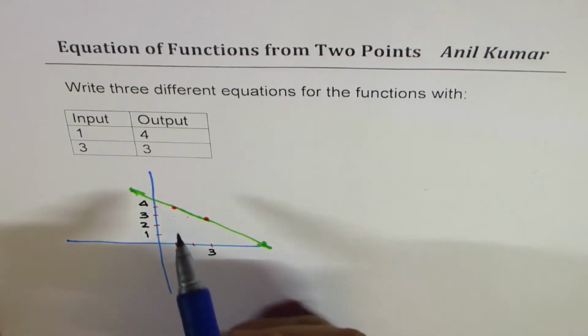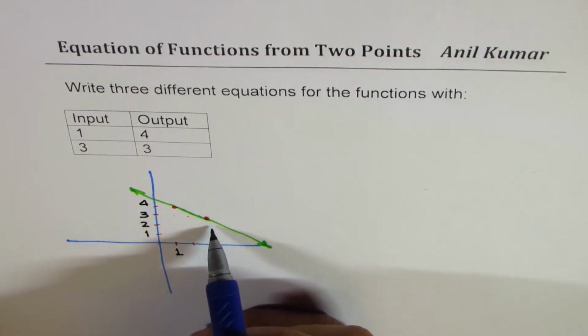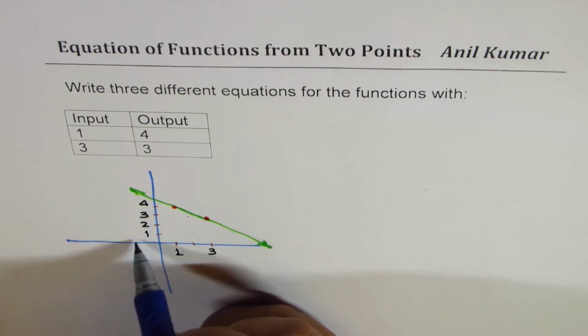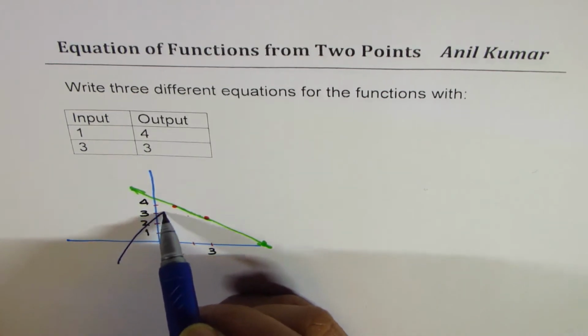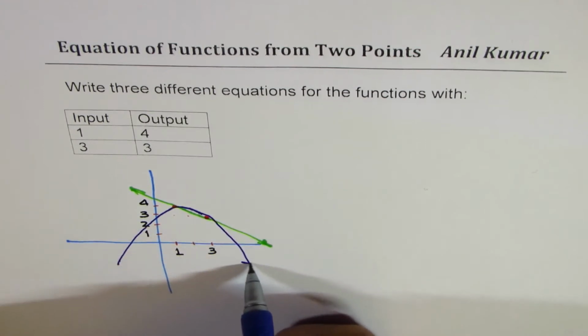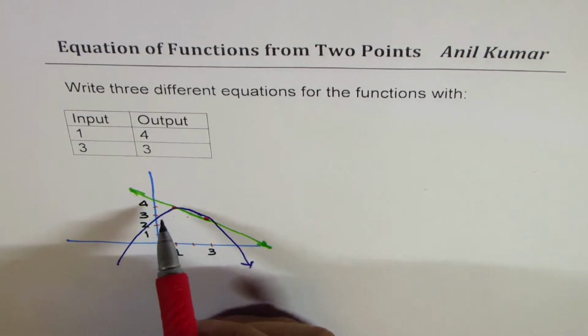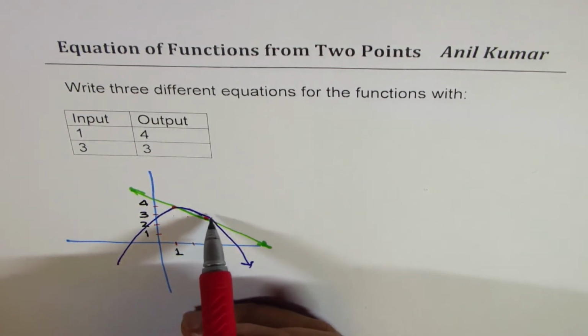I could have a parabola which could turn from here, for example, and go through this point. Do you see that? So I could have a parabola kind of like this, turning from here and returning from there. That will give me a second equation. To get more options, I'm keeping scenarios simple, I could actually turn from this point, right?